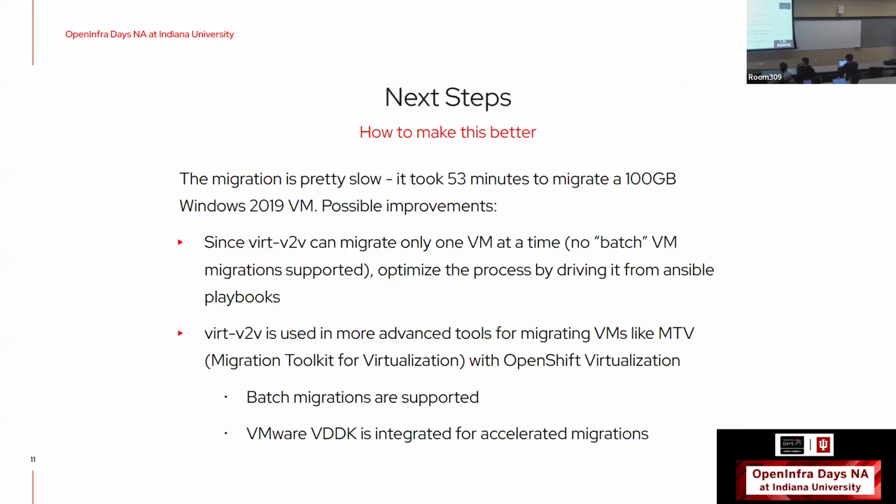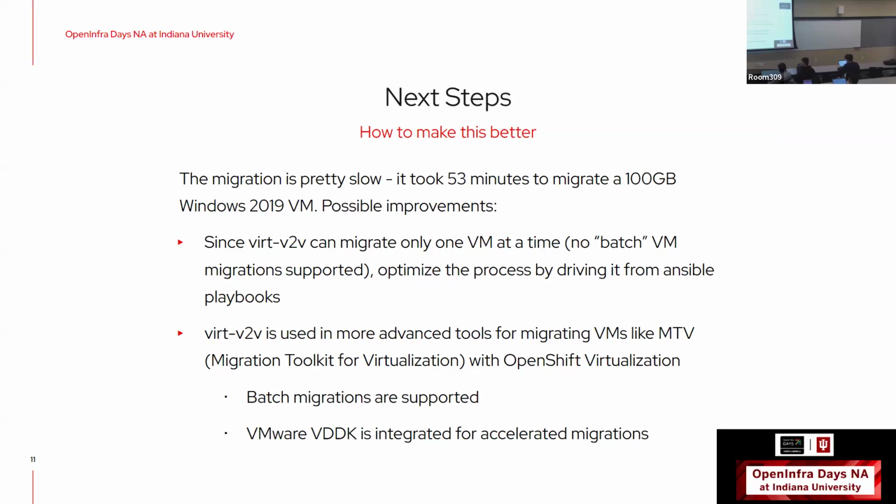Next steps, right? V2V is slow. It took 53 minutes to migrate this VM. And our friends from VexHost will talk about how you can use VDDK to access the data store natively from VMware. Yeah, there's places to improve. But the naked virt-v2v vanilla doesn't do that out of the box.